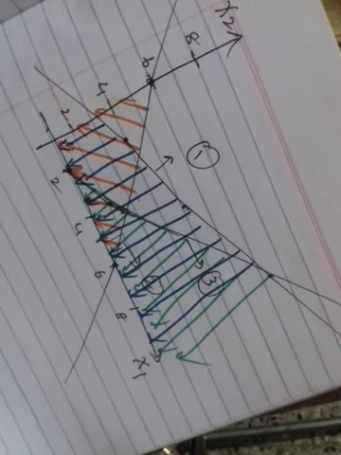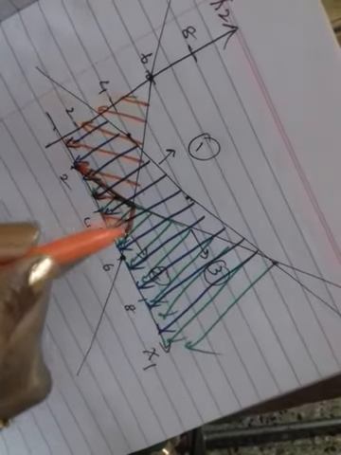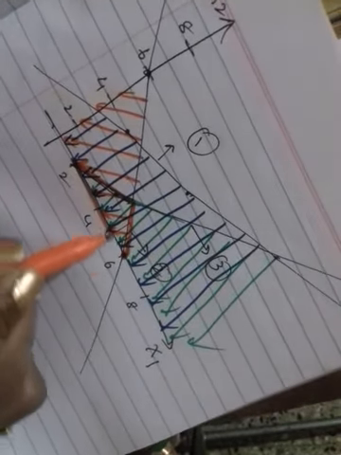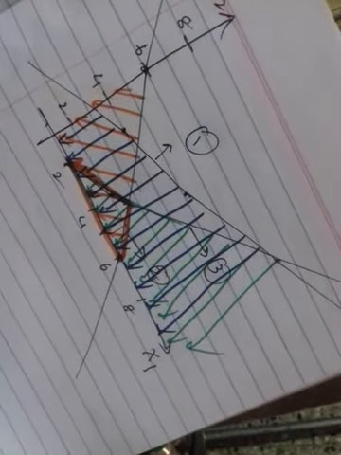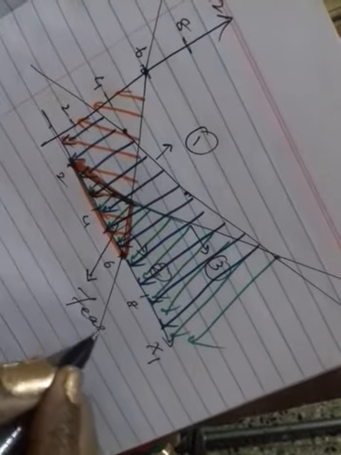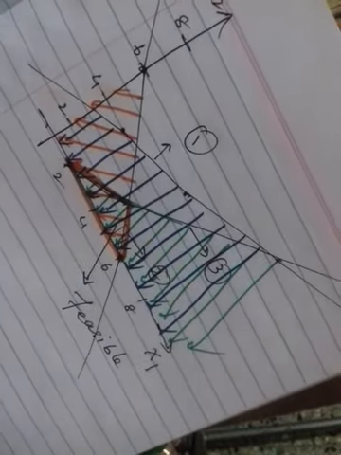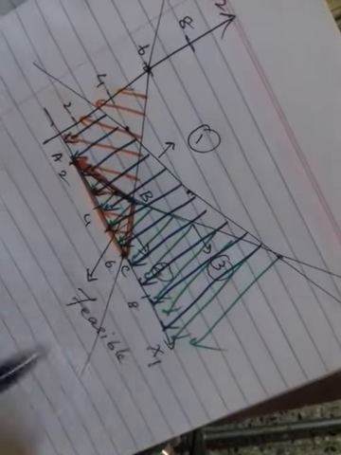So where are all the constraints getting satisfied? This area. Is it clear? All the constraints are getting satisfied in this area. So this area is your feasible area. Okay, this is the feasible area. So you can put A and this is B and this is C.